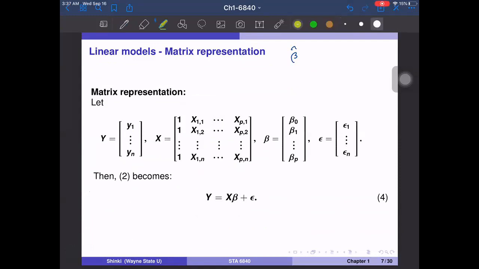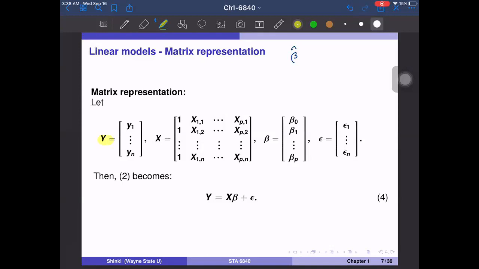So let y be a vector of y1 to yn. This is the response variable for all n observations. In the previous example, these are the percentage of undercount for 159 counties, so n is 159. And x is a matrix for predictors.